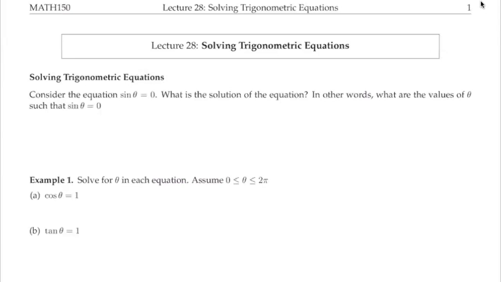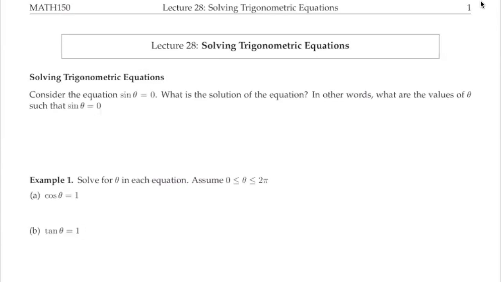And given the sine, cosine, or tangent of some theta equal to a certain value, we are asked to find the inverse value, or the value of theta such that sine of theta, or cosine of theta, or tangent of theta equals that value.